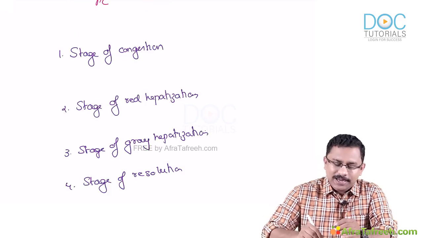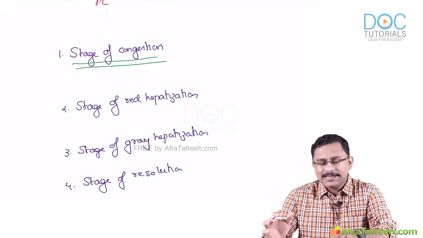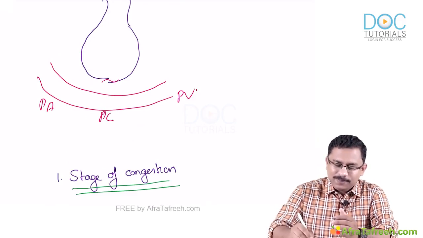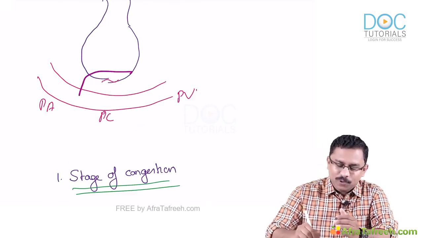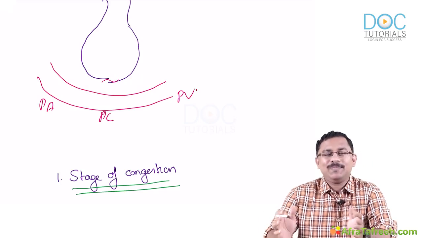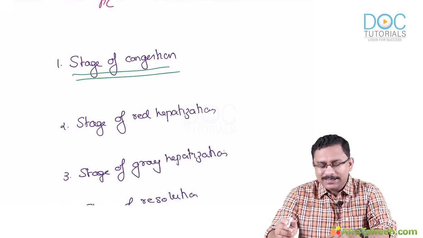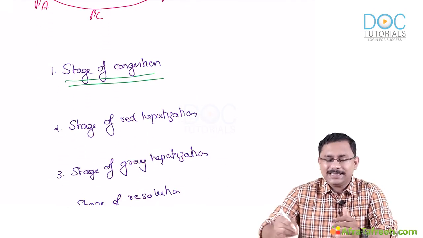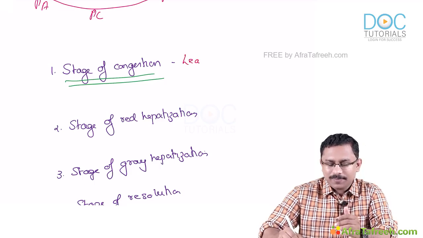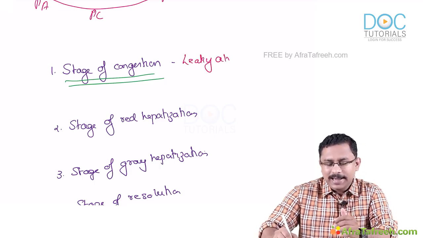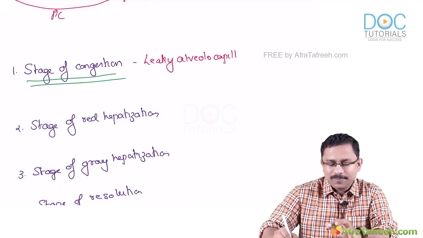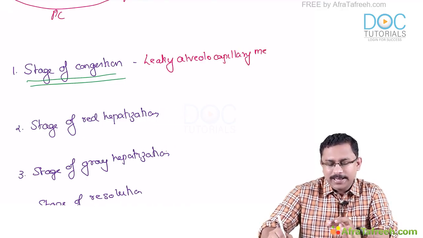See, stage of congestion means this is the stage where normally you would have this particular part, the alveolo-capillary membrane, correct? So what happens is that in the stage of congestion, you have got a leaky alveolo-capillary membrane. The membrane is very leaky.